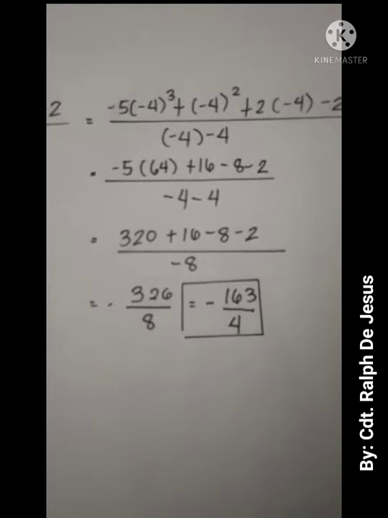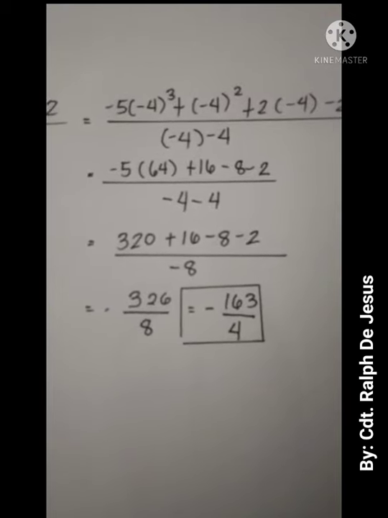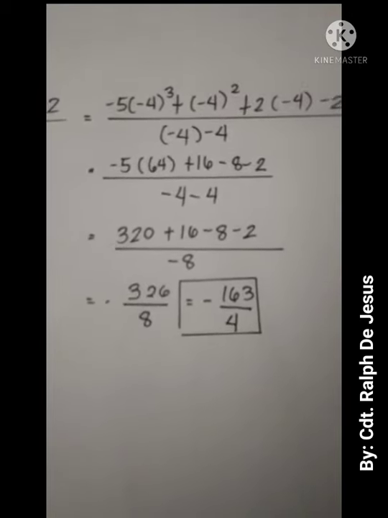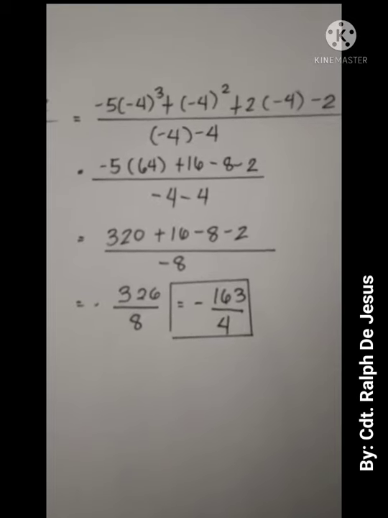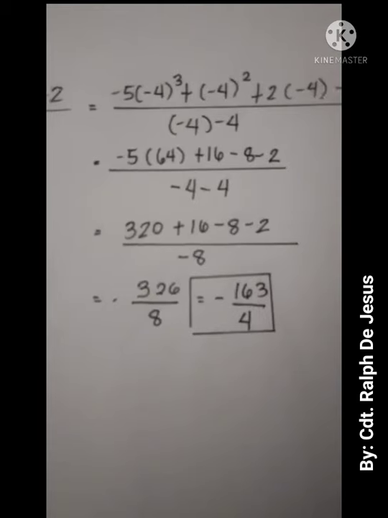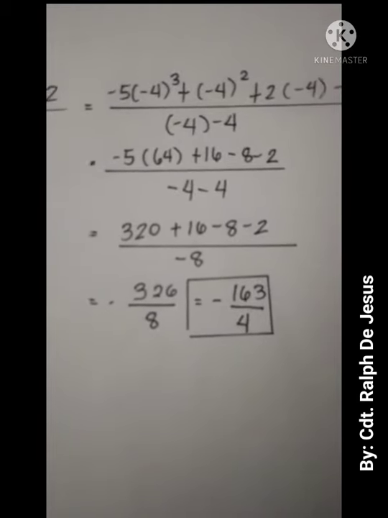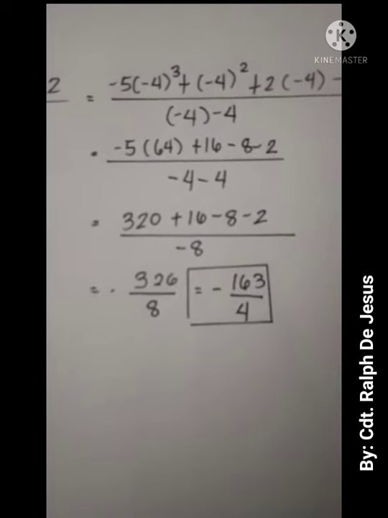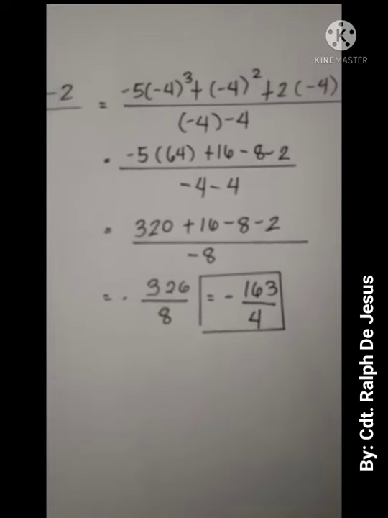Negative 4 cubed is equal to negative 64, and negative 4 squared is equal to 16, and 2 times negative 4 is equal to negative 8. So the answer will be negative 5 times negative 64 plus 16 minus 8 minus 2 over negative 4 minus 4.